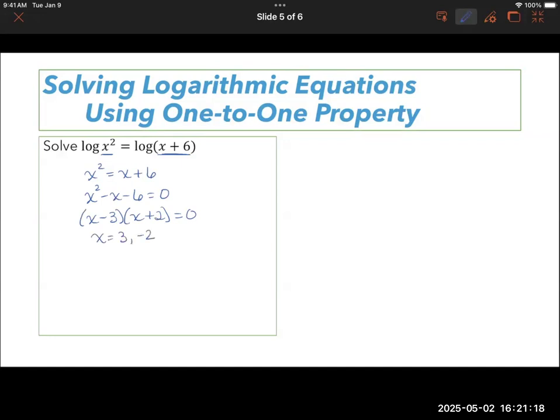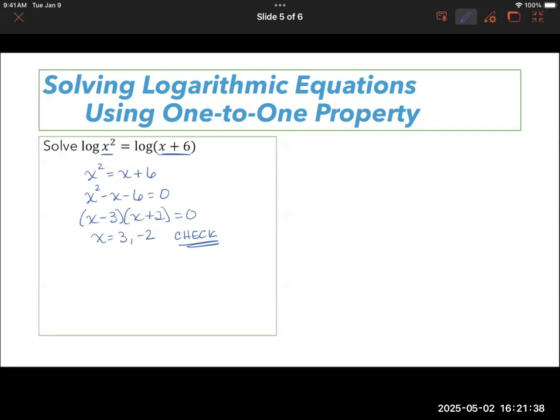Now, with logarithmic equations, it is super important that you check your answers. Because, again, if you remember when we were graphing logarithmic equations, logarithmic functions have a restricted domain.